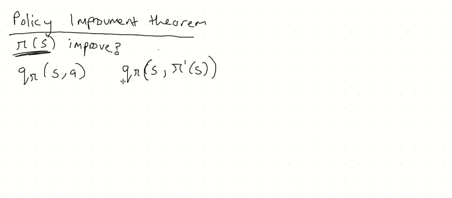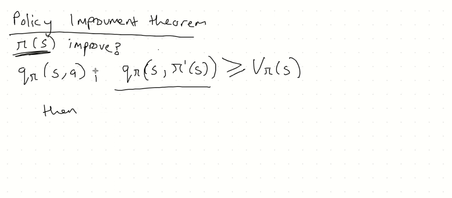So the policy improvement theorem states that if this is greater than or equal to v pi of s, let me just remove this to remove any confusion.